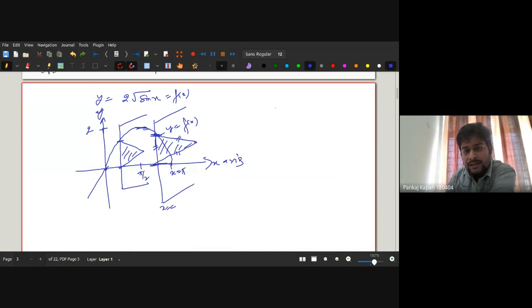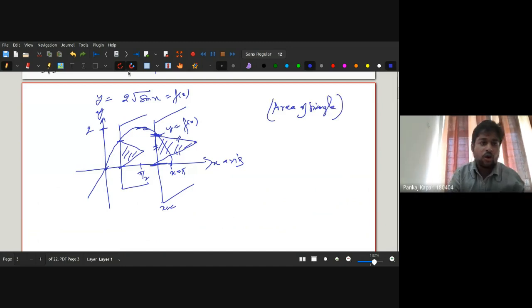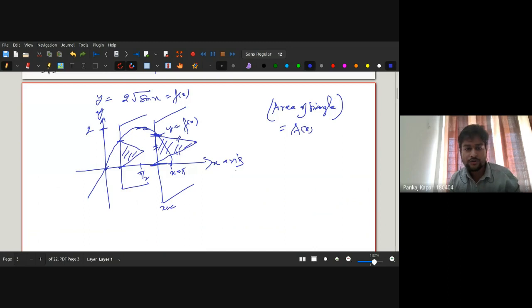So if you find the area of the triangle as a function of x, let's call this area of the triangle A(x). That means we are taking this distance to be x, and at distance x, whatever equilateral triangle we get at that particular cross section, we call the area of that equilateral triangle A(x).